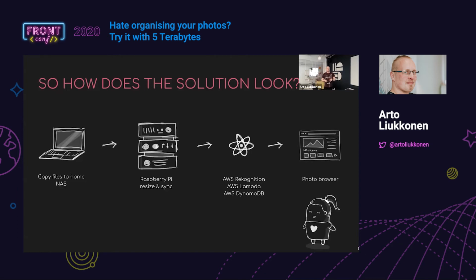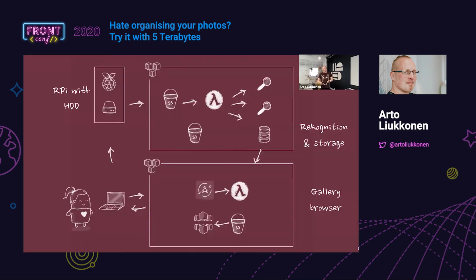And then we have the actual photo browser for the web, built on React and GraphQL. There's also AWS AppSync handling the GraphQL server side. So this is the tech stack, and this has been claimed to be the cutest ever architecture diagram.